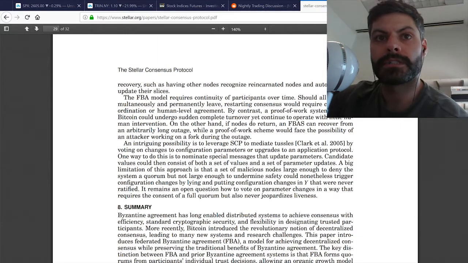A big limitation of this approach is that a set of malicious nodes large enough to deny the system a quorum but not large enough to undermine safety could nonetheless trigger configuration changes by lying and putting configuration changes in Y that were never ratified. It remains an open question how to vote on parameter changes in a way that requires the consent of a full quorum but also never jeopardizes liveness.